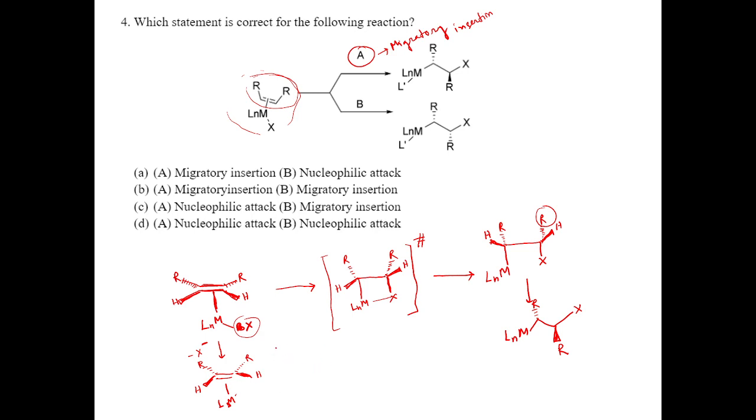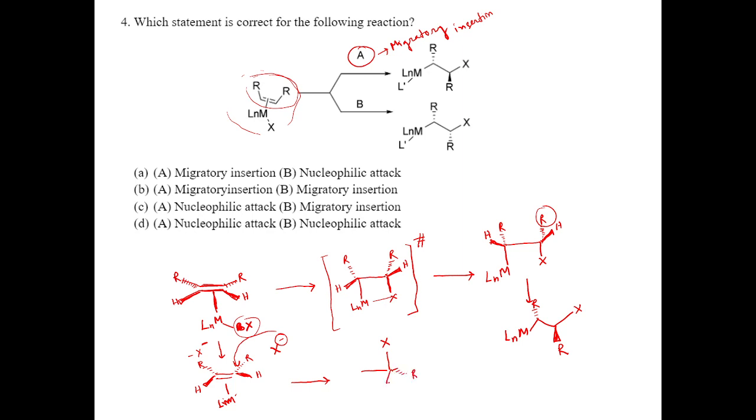and after that this X cannot attack from this side, right? Because the metal ligand is there, so it's sterically hindered. So it will attack from the upper side, right? If it attacks in this way, then again the sp2 hybridized carbon will go to the sp3 hybridized, so it will be like this, right?